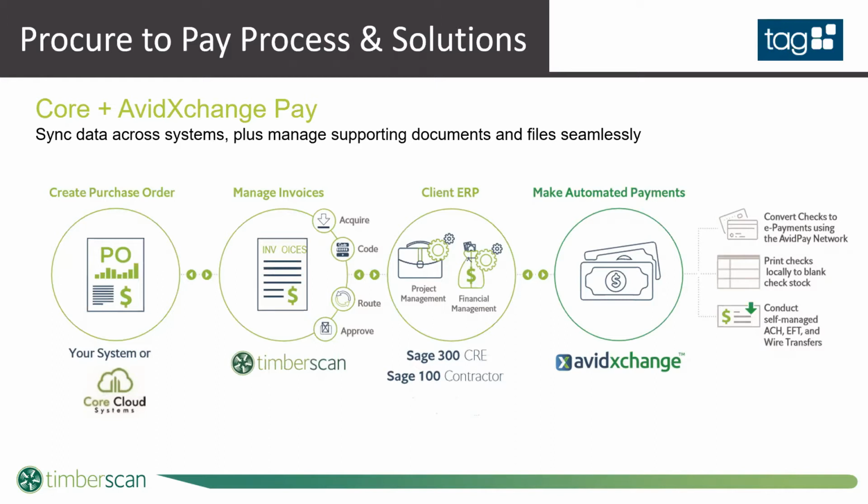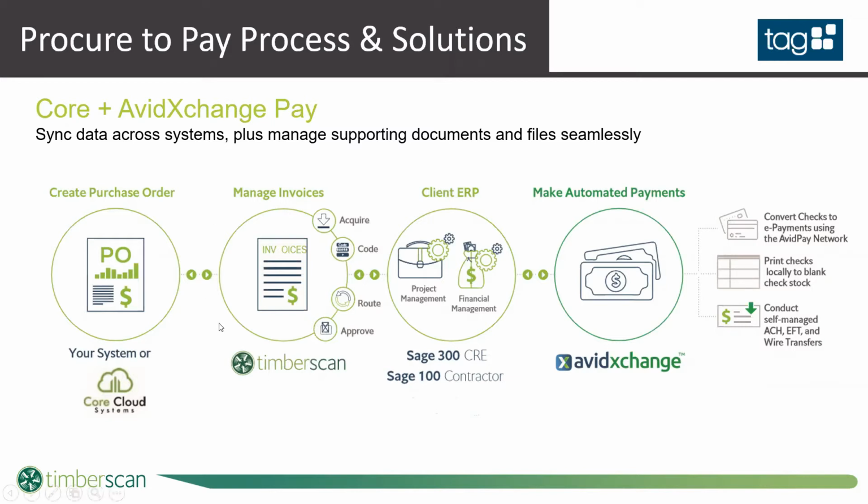Once your POs are created, they get sent to Sage 300 to create the commitments, and then the electronic purchase order is sent into Timberscan. When the receiving is completed, that's also done in Core Cloud Systems, and then the receiving documents also get sent to Timberscan electronically.